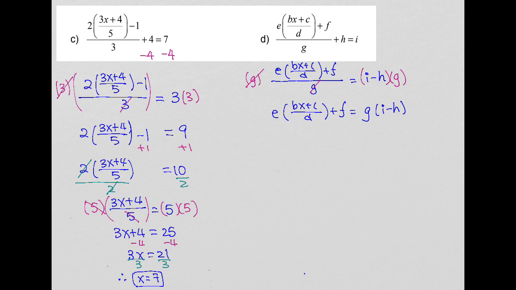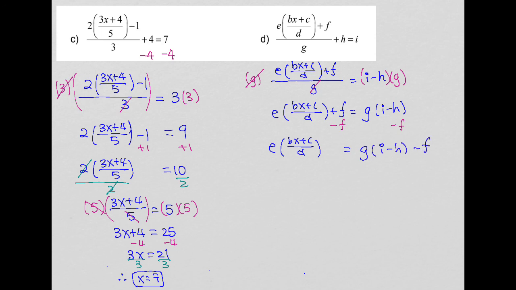It doesn't really matter if you want to put the g at the end or the g in the front, but just remember, if you put the brackets around it, it's fine. And next, I have to remove the f. That means I have to subtract f here, I have to subtract f here, right? So it will become e bracket (bx plus c) over d equals g(i minus h) minus f.